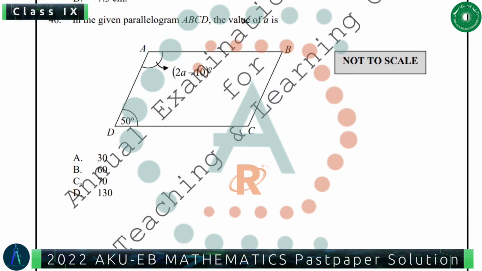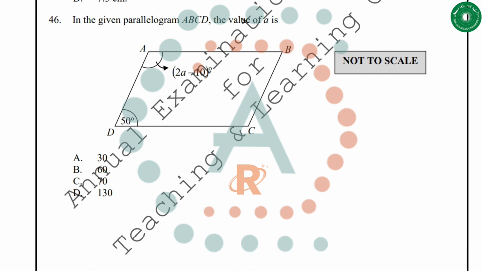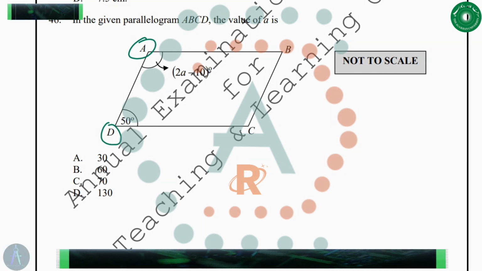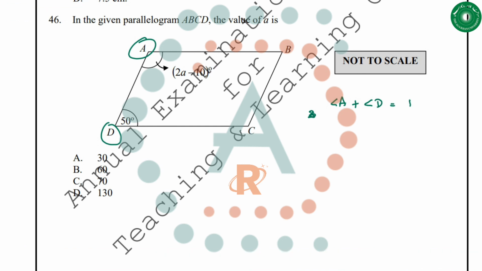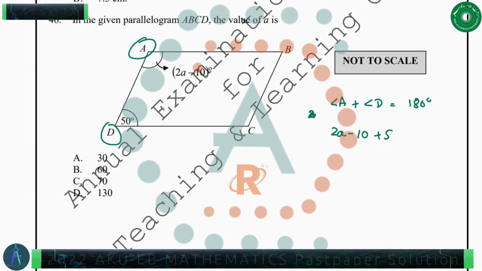In this given parallelogram, the value of A. So A and D, these two angles are the neighboring angle or adjacent angle, and we know that adjacent angle का जो sum है वो हमेशा 180 डिग्री के बराबर होता है in a parallelogram. So angle A is 2A minus 10 and angle D is 50.